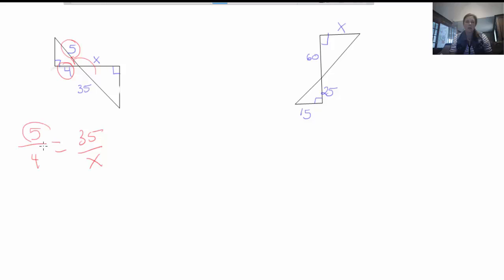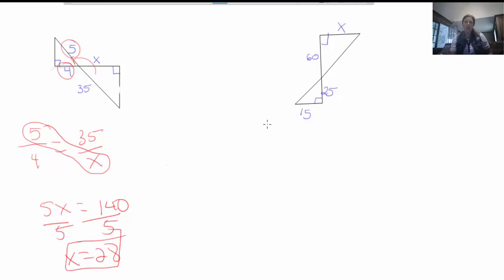And then when we cross multiply, 5x equals 35 times 4, which is 140. Divide by 5. So x equals 28.